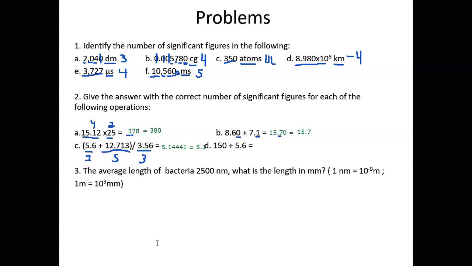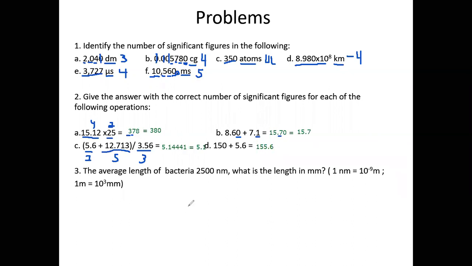And then lastly, we have another addition problem, 150 plus 5.6. So when we work this out, we get 155.6.